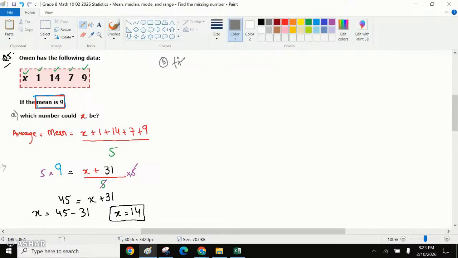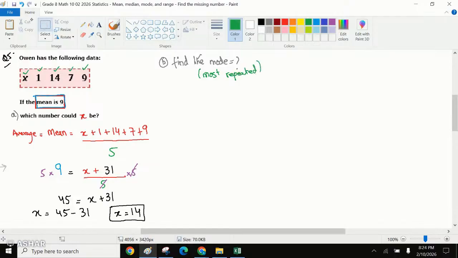Once you have found the value of x, find the mode. Okay, they're asking us to find the mode. And we know that the mode is, what kind of a number is mode? Mode is the most repeated number.